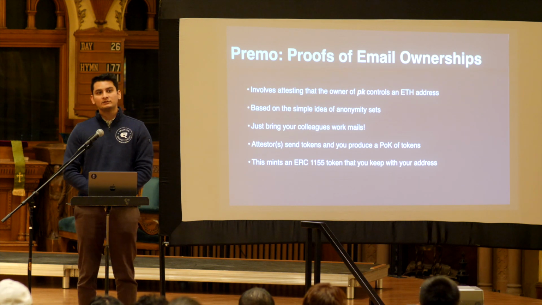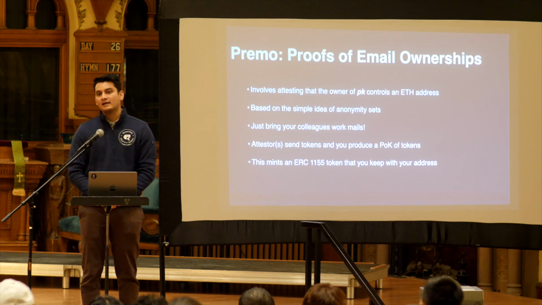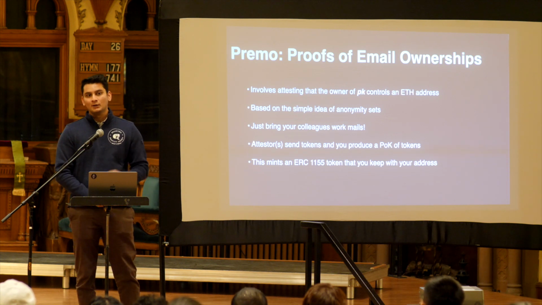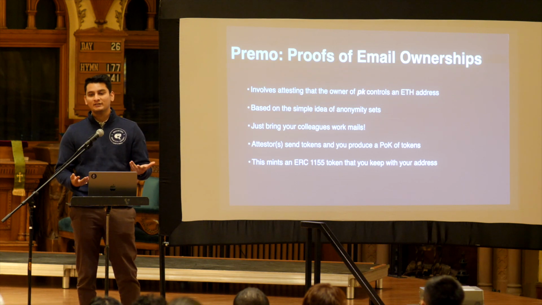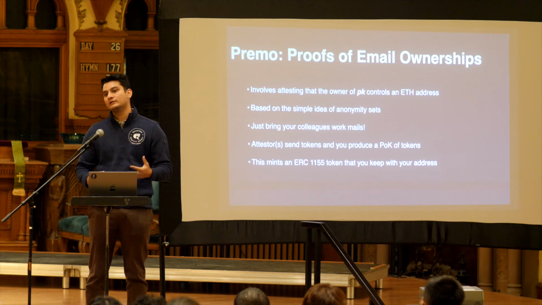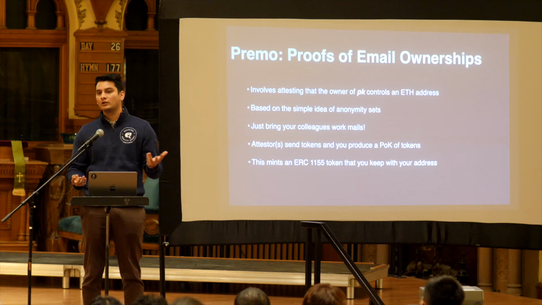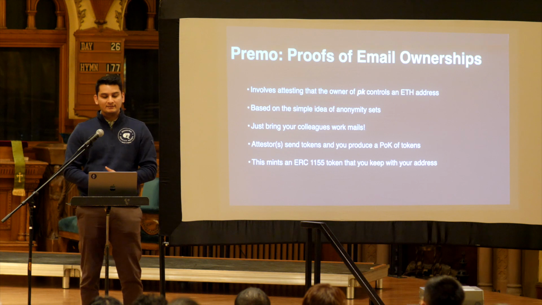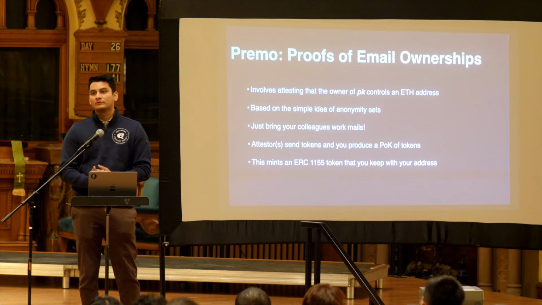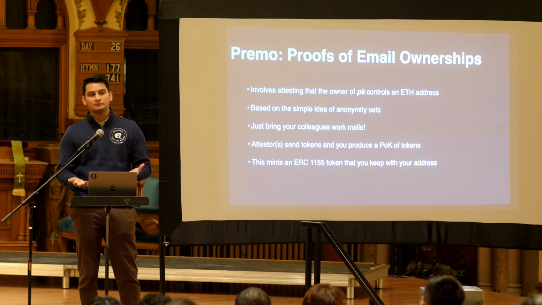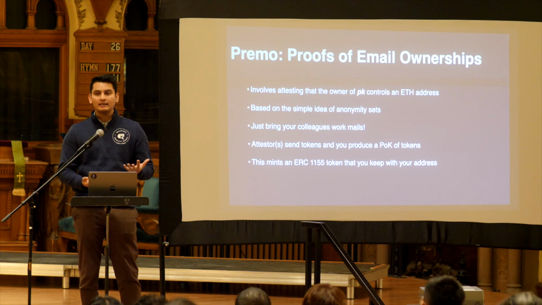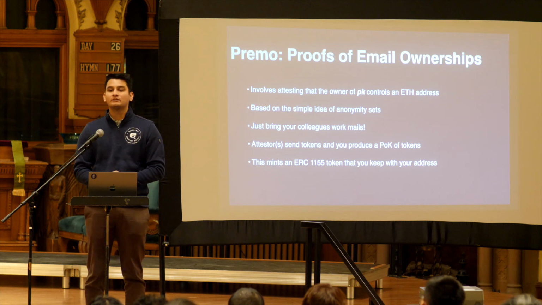The reason we do this is because one simple thing that everyone has access to, no matter where you work, is, one, you can read the emails which are associated with your email address, and the second thing is you would know the email addresses of a bunch of your colleagues who have the same domain email, right? So all we ask is that you grab maybe a few of the email addresses from the same domain, and then we have certain decentralized attesters.